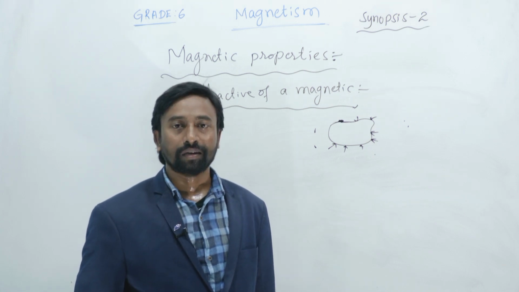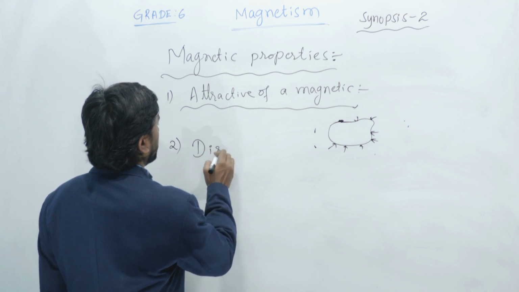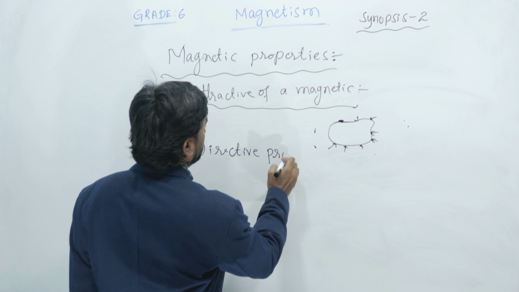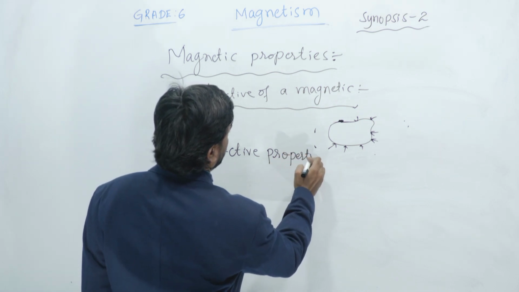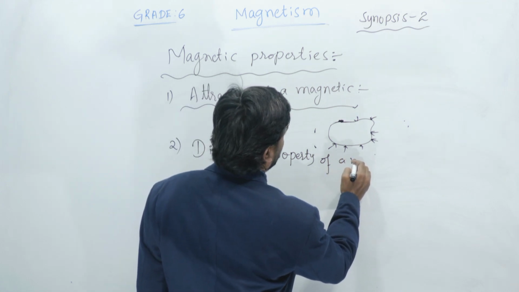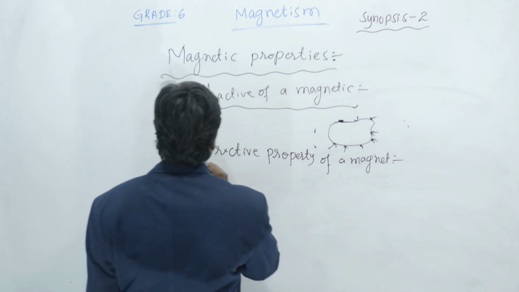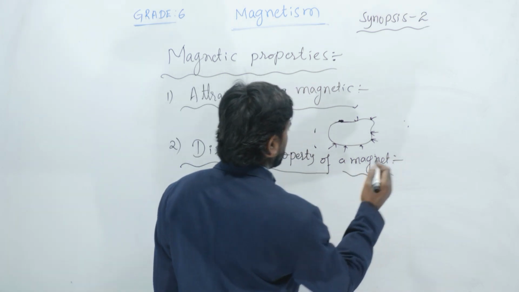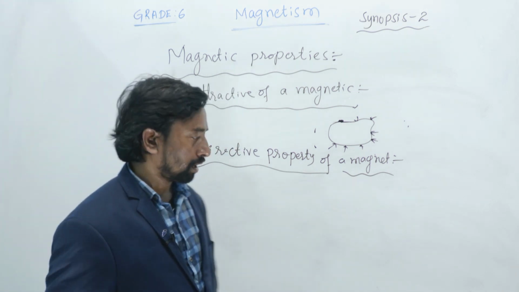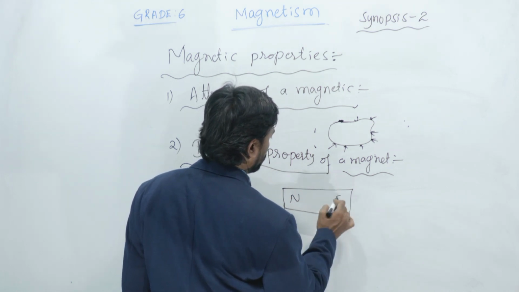Next one is the directive property of a magnet. This directive property is this: suppose you consider a man-made bar magnet, which has two poles, a north pole and a south pole.